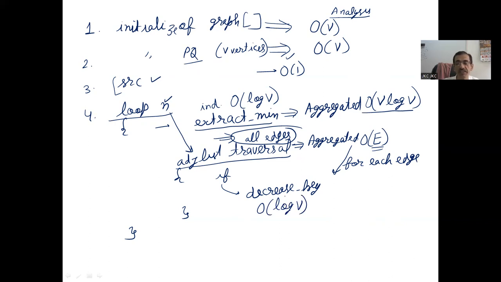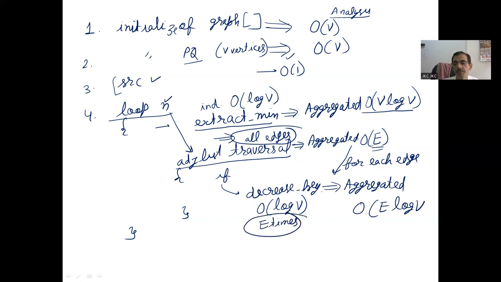The heap is of size V, so this aggregated will mean order of E log V. E times log V, because decrease key will be called up to E times. So now I have my total time complexity very clear.